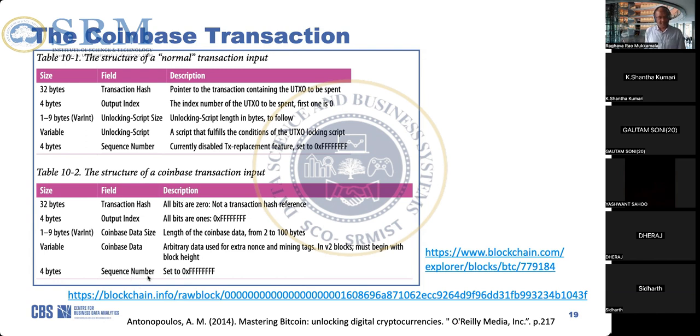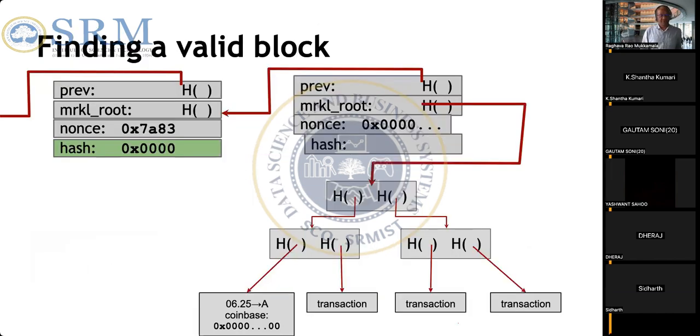And this sequence number is used to actually create the new block and things like that. Let's see how that is done in a minute. So let's say that we have collected all the transactions and put them into a Merkle tree.